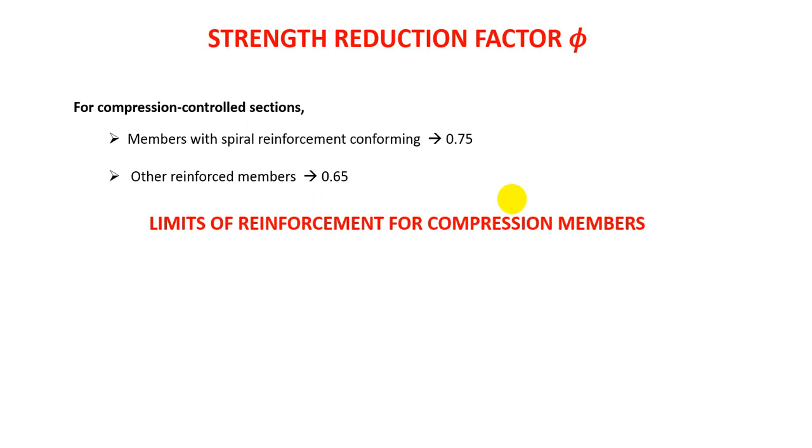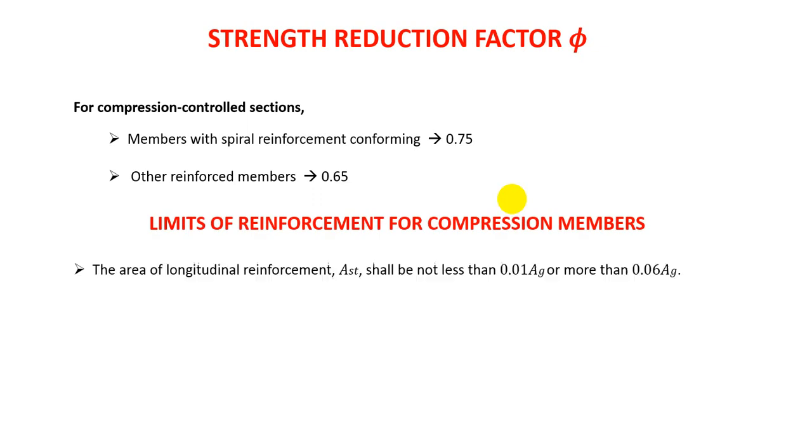Then limits of reinforcement for compression members. The area of longitudinal reinforcement Ast shall not be less than 0.01 of the gross sectional area of concrete or more than 0.06 of the gross sectional area of concrete.